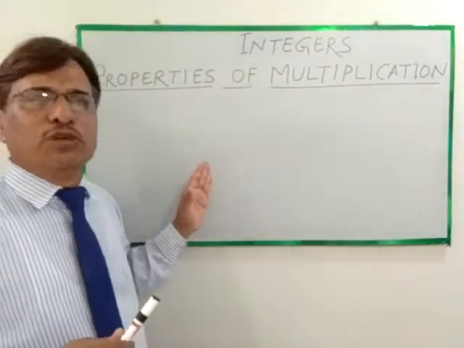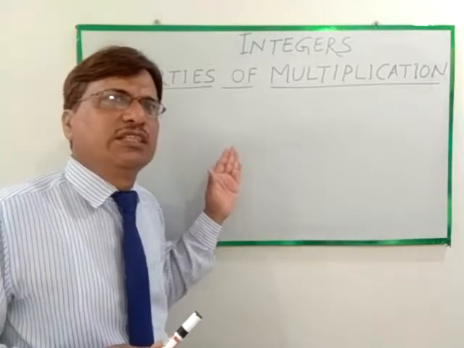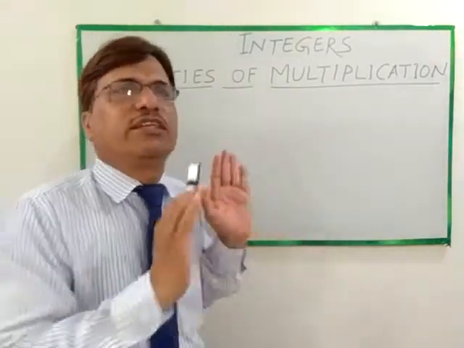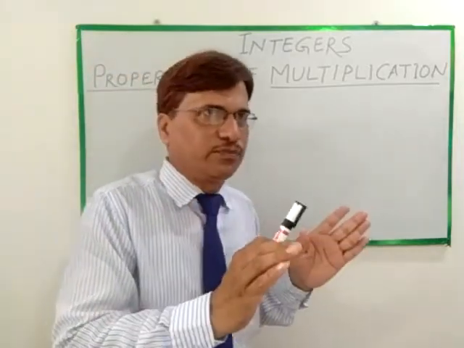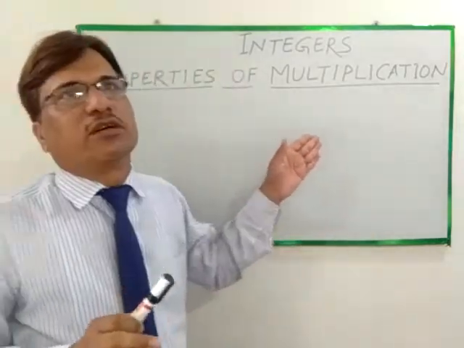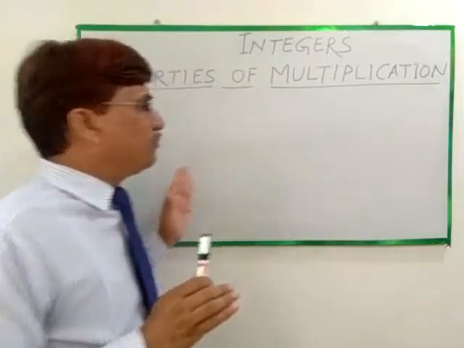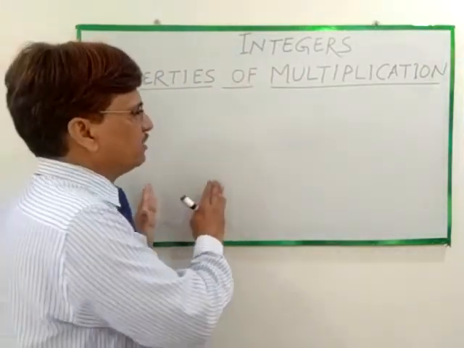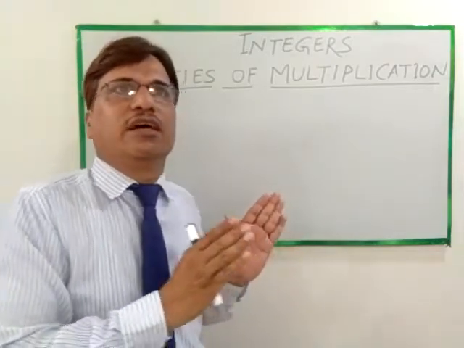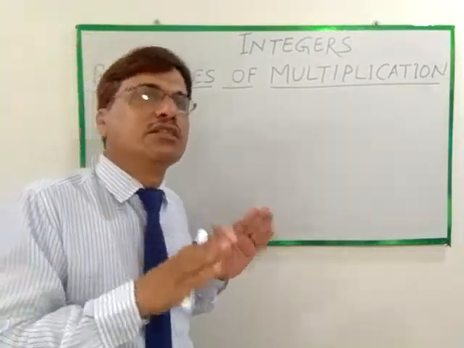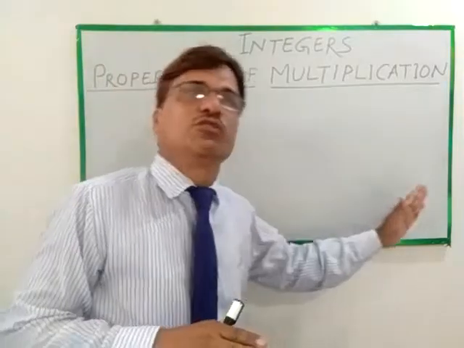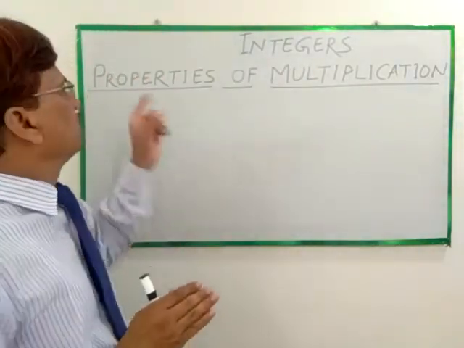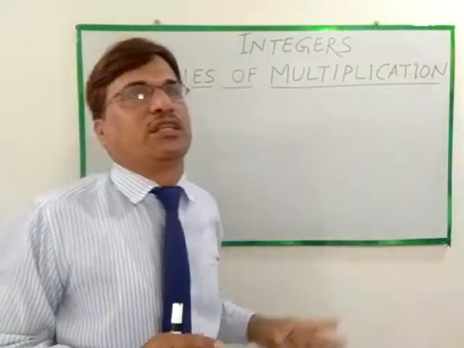If we take two integers and change their order, we get the same result. That is called the commutative property. If we take three numbers together and change their groups and find the same result, that is the associative property. Now we will learn properties of multiplication.